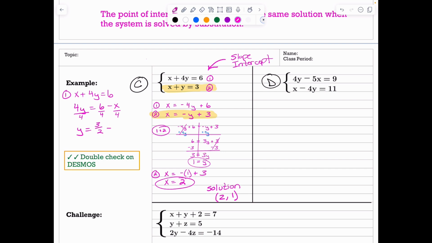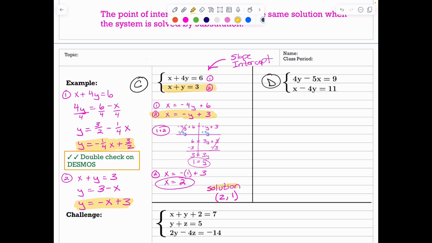And then x over 4, that's going to be 1/4 x. Turn this around so it's proper slope-intercept form. And this is what I'm going to put in the Desmos. Equation number 2. Just subtract y, or excuse me, subtract x. Turn that around. There we go.